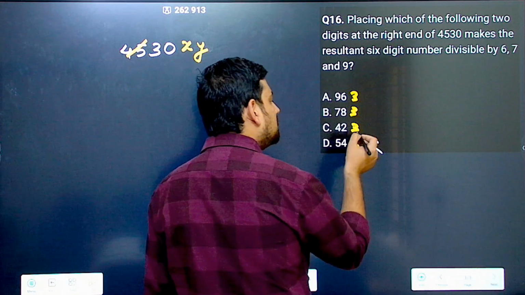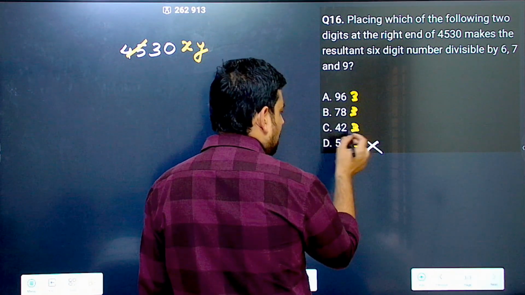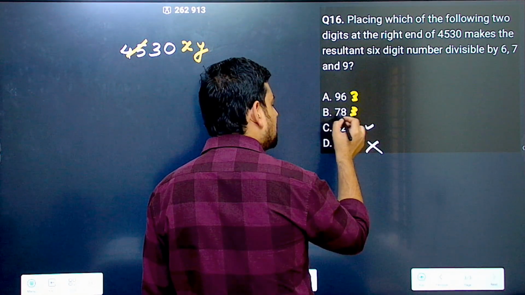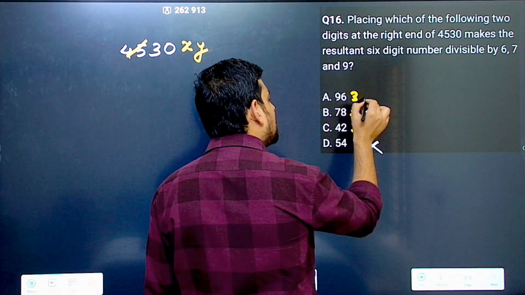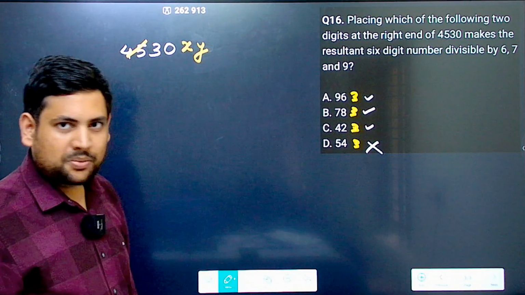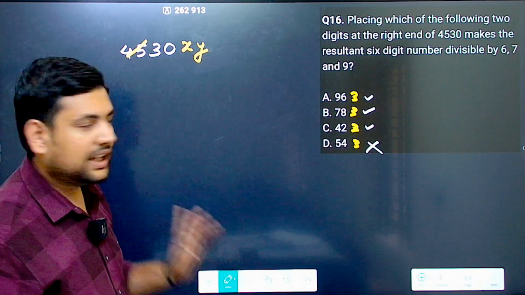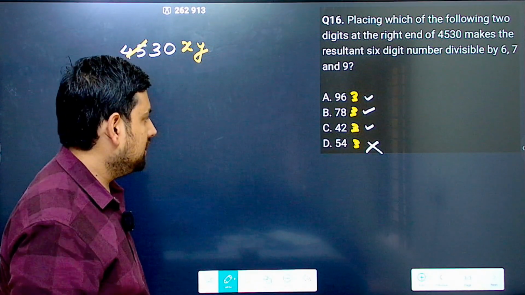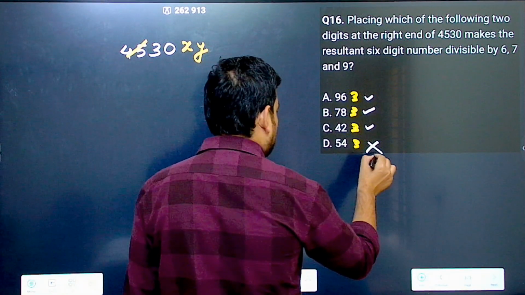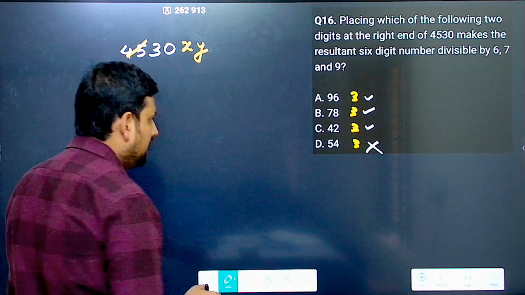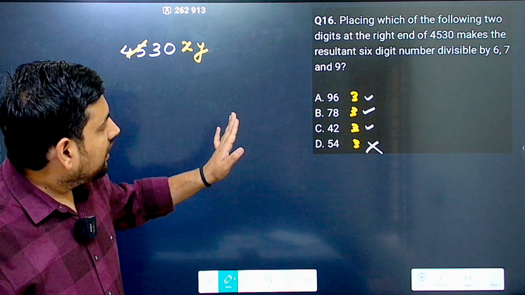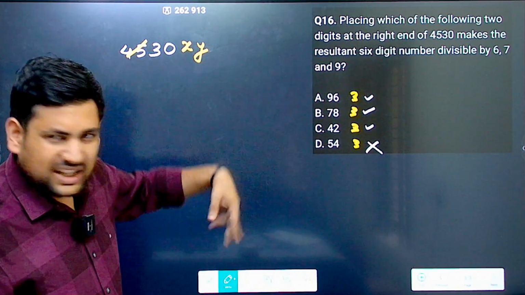Then 4, 2, 3. So this is 6 plus 3, 9, possible. 7 plus 8, 15, 15 plus 3, 18, yes, possible. 9 plus 9, 18, possible. So one option only I could eliminate using 9. Now after this, let's see divisibility by 6 if I want to ensure.